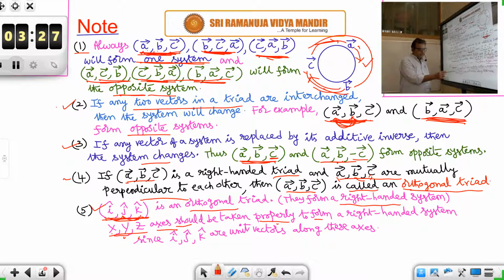That means from X axis to Y axis, if you fold your right hand fingers, the Z axis must be in the thumb direction. Then only we say that you have drawn the X axis, Y axis, Z axis correctly. They form a right-handed system, since I, J, K are unit vectors along these axes.